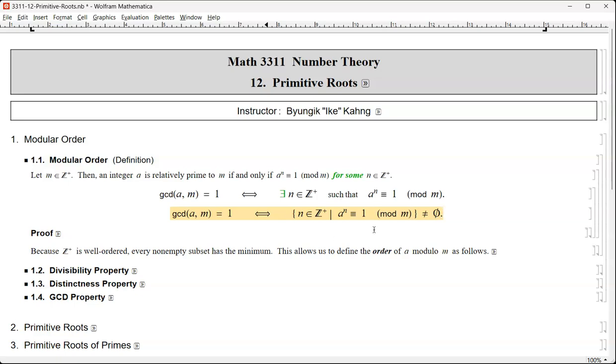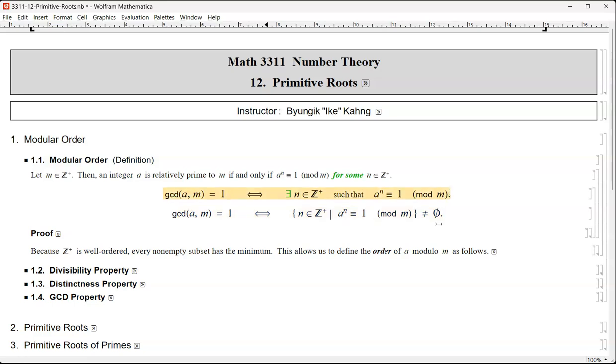In other words, there is an element, an element of Z plus, with the same condition. So you see, this existential quantifier expression and the non-empty set expression are always the same whenever we have the same condition inside.